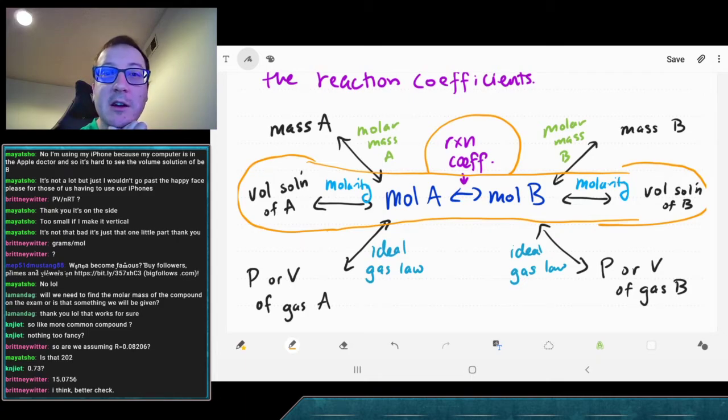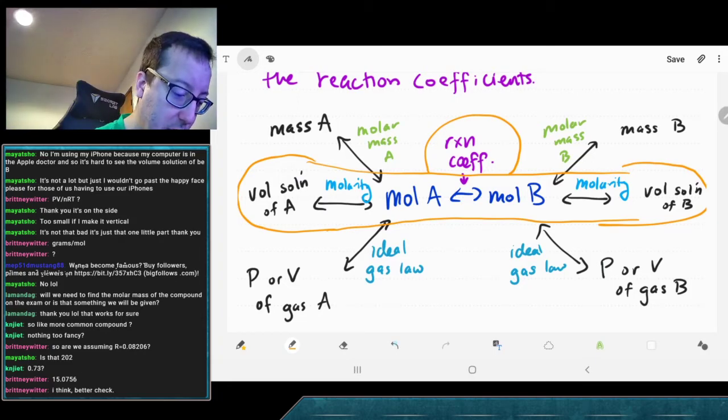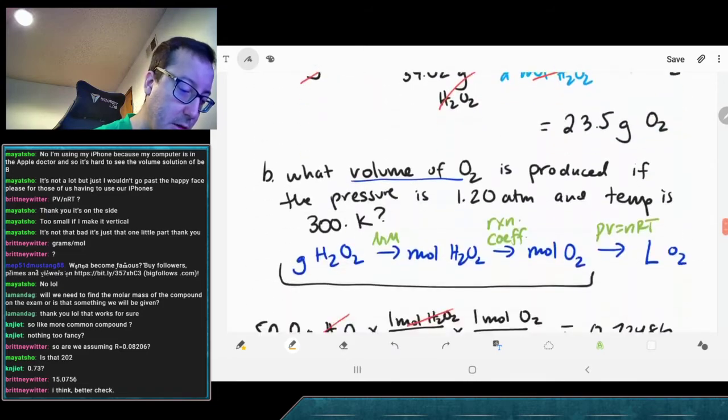So we can see here our plan would be that we're going to use the molarity of A, then the reaction coefficients, and then the molarity of B. And we're going to get there our volume of solution B. Okay, so you see how, again, we're using the chart to go through this. And now we're going to hide the chart.